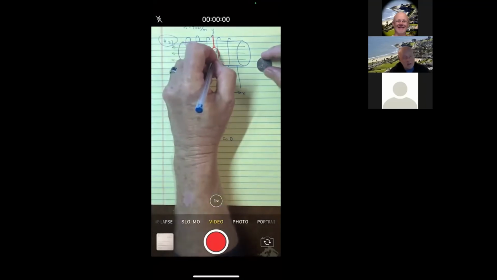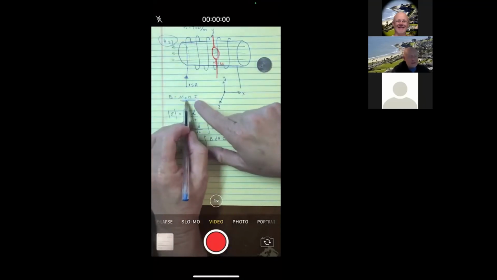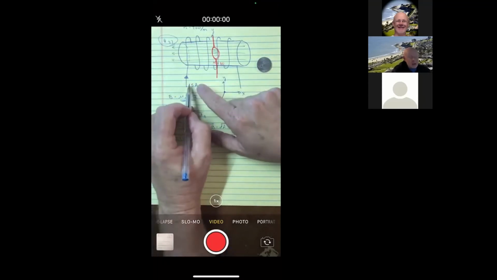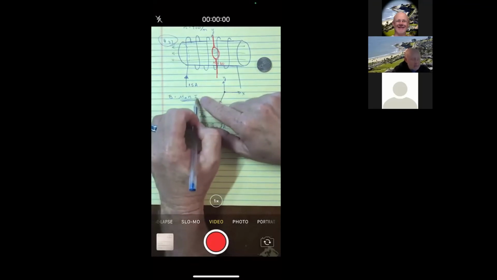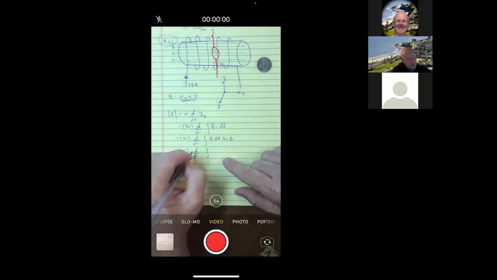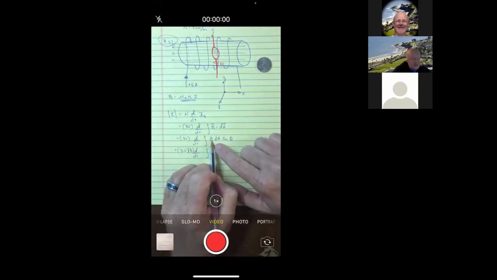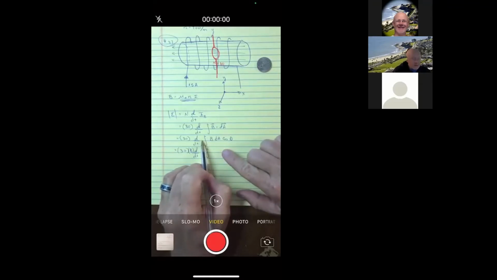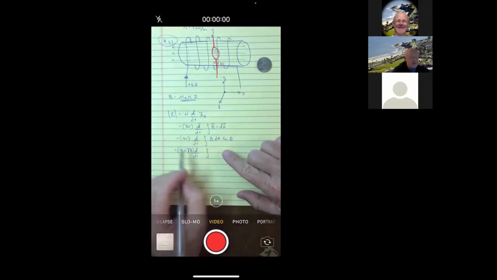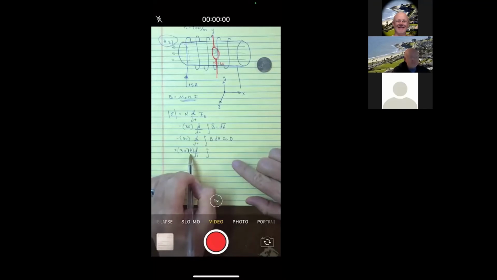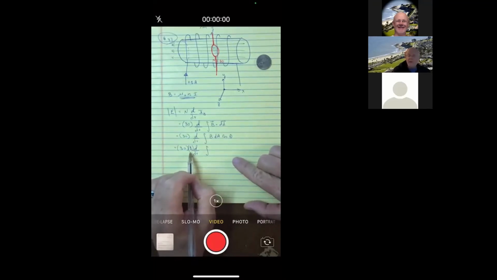So everywhere in this coil, the field has this strength. And since the current doesn't change with time, the field also doesn't change with time. So I could actually pull this factor of B not only in front of the integral, but also in front of the derivative.